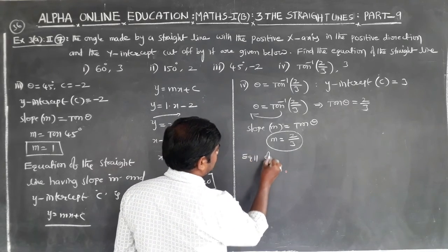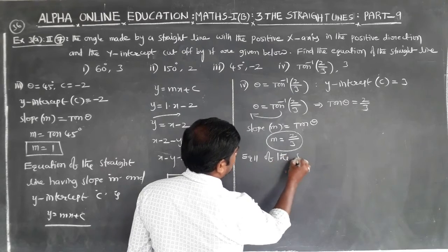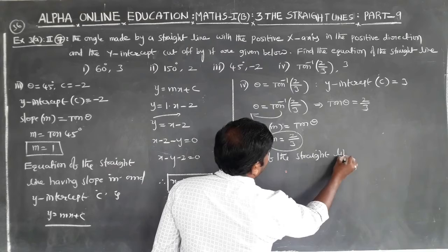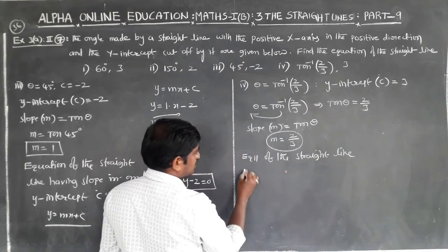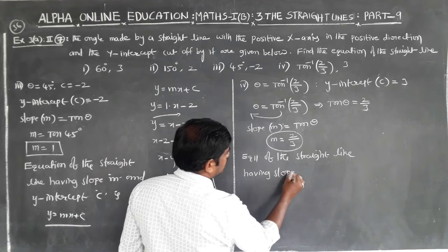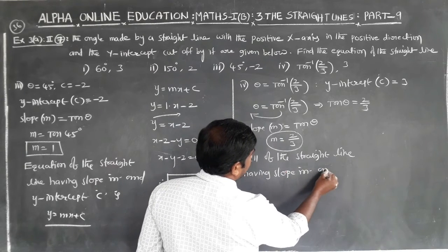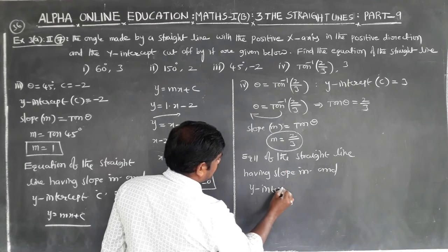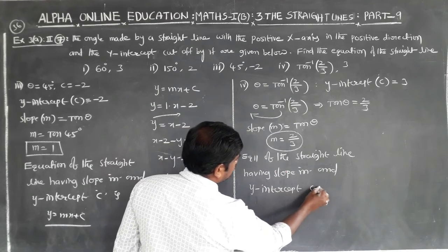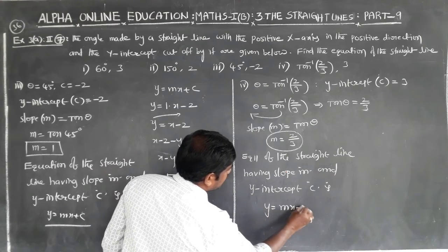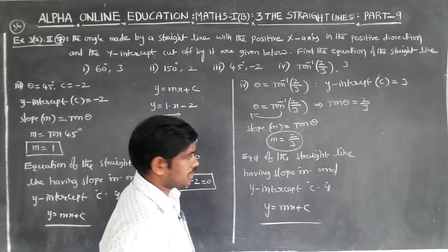Equation of the straight line having slope m and y-intercept c is y is equal to mx plus c.